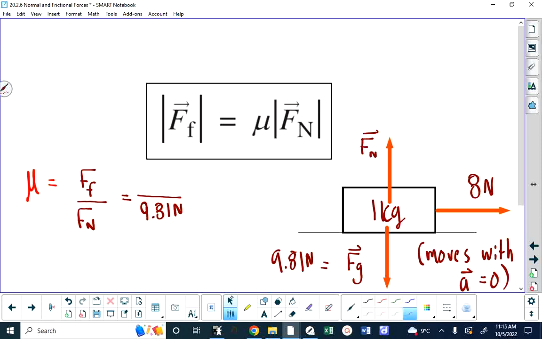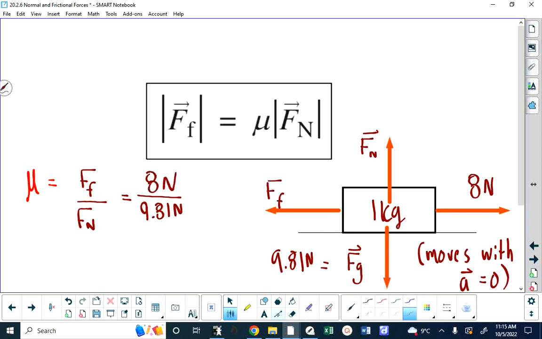So if it were speeding up, then the force of friction would have to be less than 8 newtons. If it were slowing down, the force of friction would have to be more than 8 newtons. The bottom line is not only are the forces balanced vertically, they are balanced horizontally as well. So this is the force of friction, which means we put 8 newtons here.